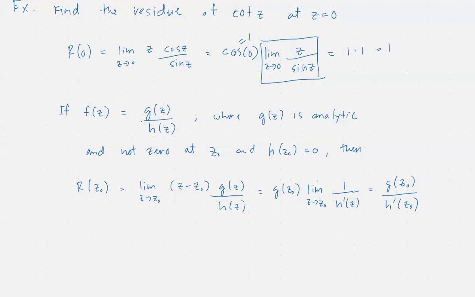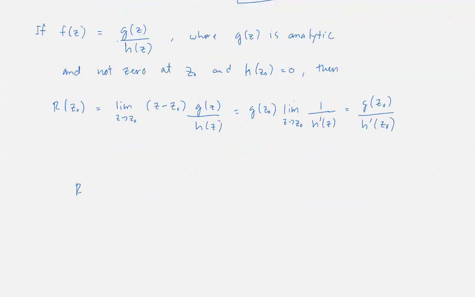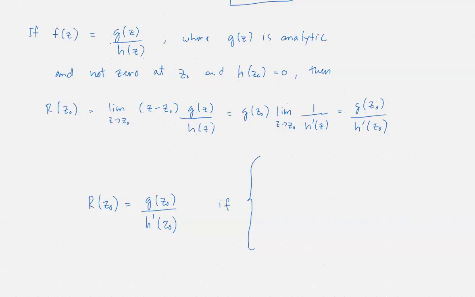The residue r of z sub 0 is equal to g of z naught over h prime of z naught. We have some conditions. The first one: f of z is equal to g of z over h of z, meaning we can express it as a quotient of two functions.